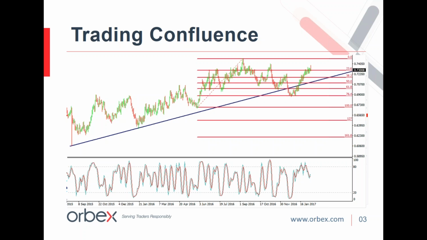So what we want to begin with is simply one technical element which gives us an idea about where we might like to enter the market. We then look to identify confluence with other technical elements such as support and resistance, trend lines, Fibonacci retracements, technical indicators, etc., and see where they line up together. So you can then start to add indicators to the mix to help you confirm your level.